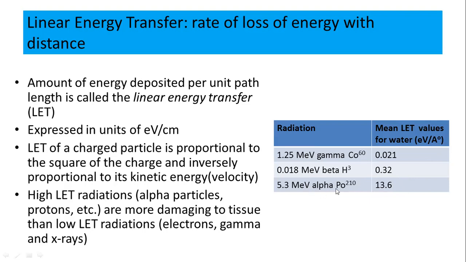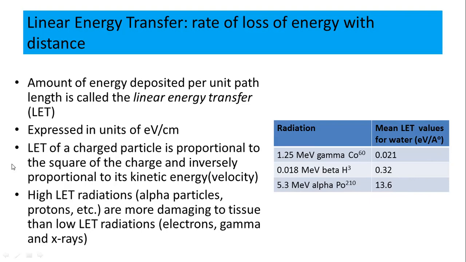Why? Because the alpha has a plus 2 charge, being the helium nucleus. That's why its loss is more than the others, and it is going to create more ions than the other radiations.